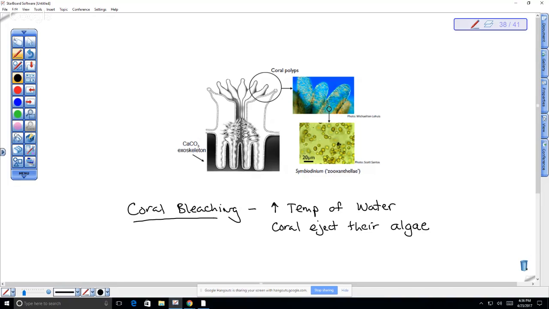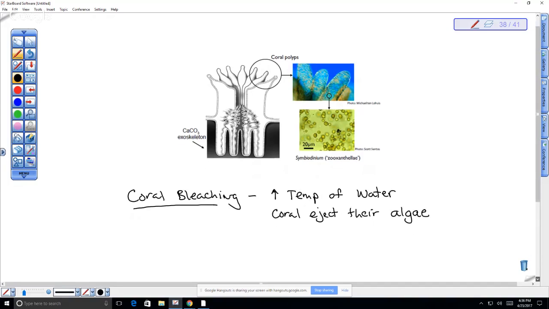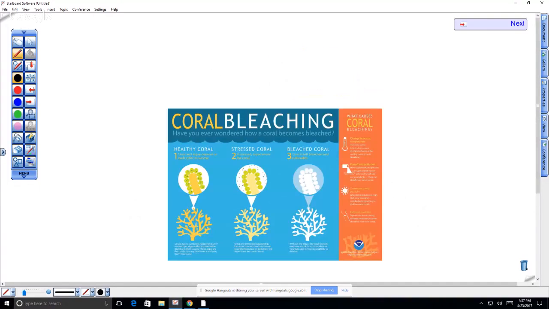And when the reef dies, it can no longer support all the animals that are dependent upon the reef. So the coral bleaching is primarily due to differences in temperature. This is our government, the National Oceanic and Atmospheric Administration, talking about the loss of color in the coral reefs.